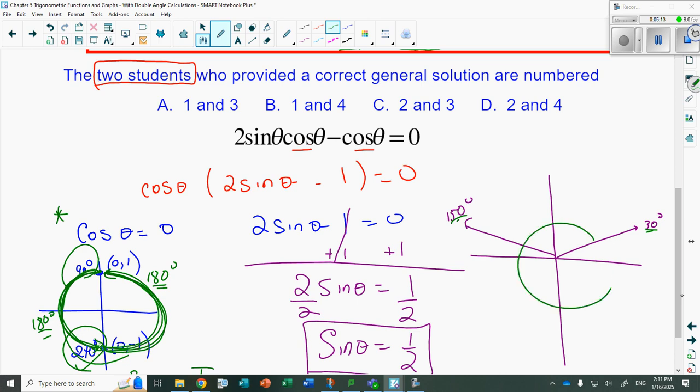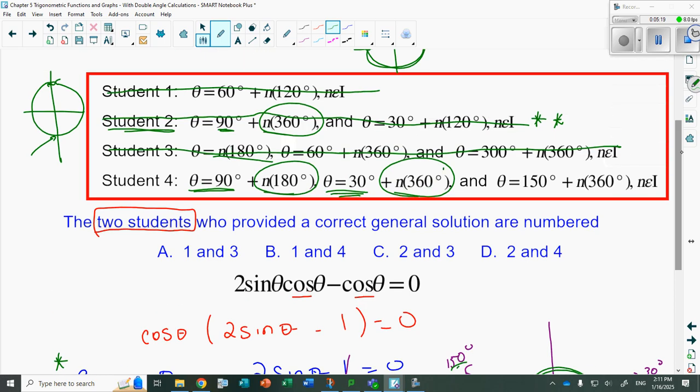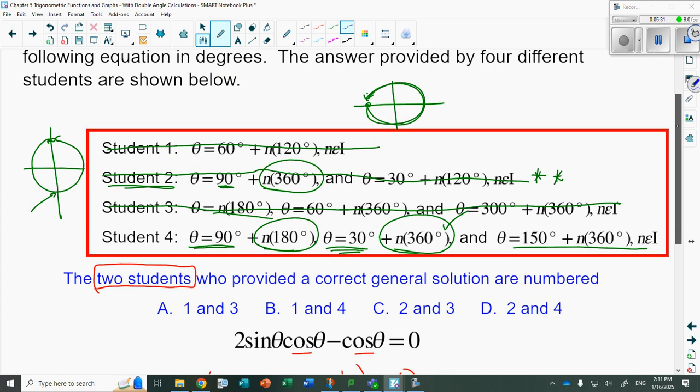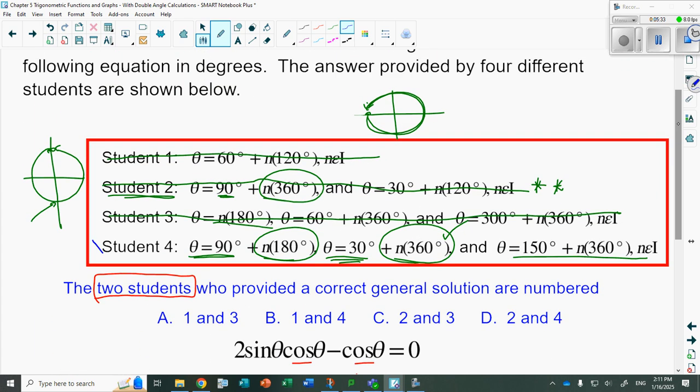Well, yeah, adding 360 will get you back to the same spot every single time. Okay, so I can handle that one. That checks out. And then 150 adding 360 degrees. Okay, so I'm going to start over here at 150 adding 360 degrees. Yes, that sounds okay. So I'm going to level with student 4. I'm going to say student 4, yes, you're good. Okay, so student 4 is going to be my proper answer.